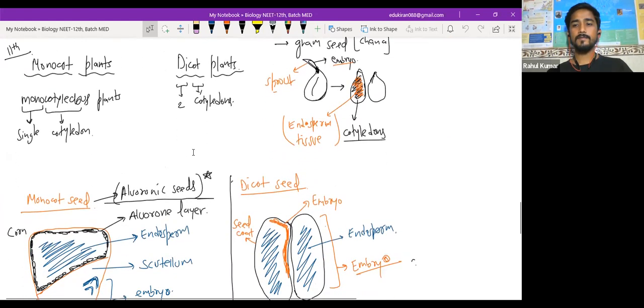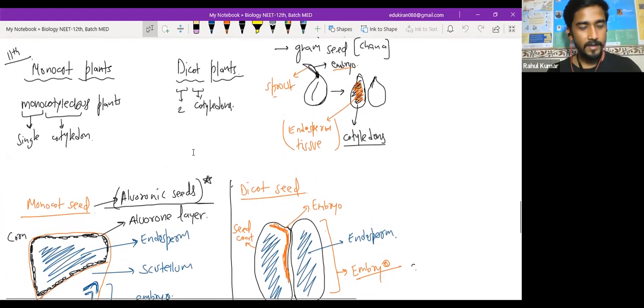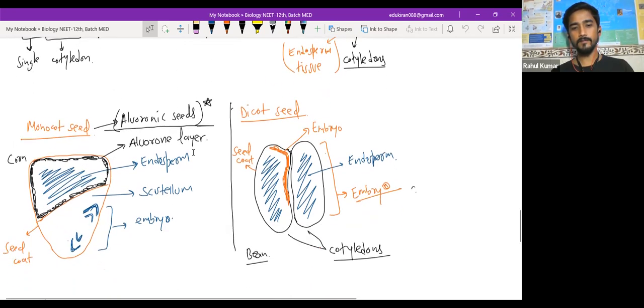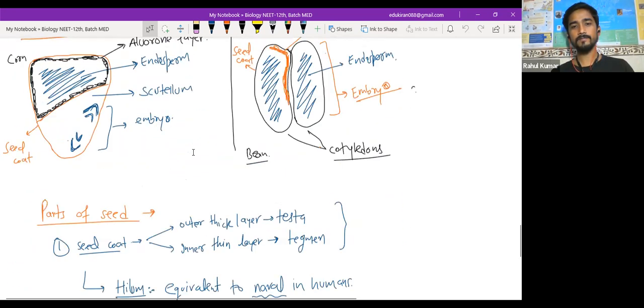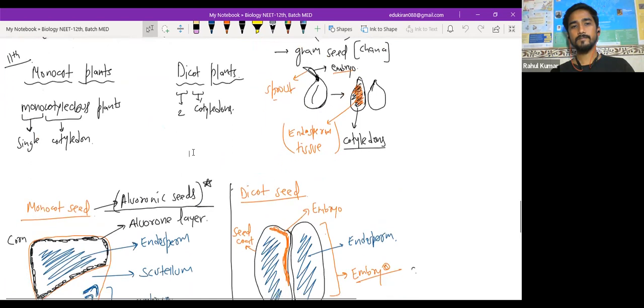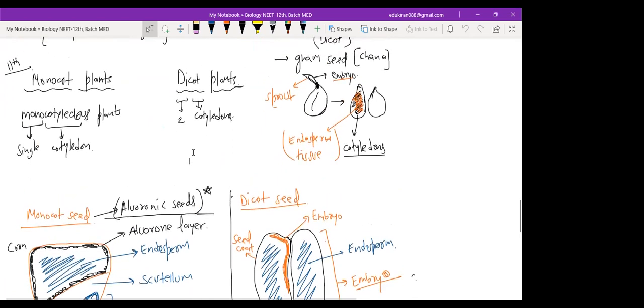Fatima, would you like to give a brief recap of what we did in the last class, starting from just the monocot and dicot plants and their seeds? That's all. What you can see on the board, starting from there. Would you like to give a brief recap? So we learned about monocot.